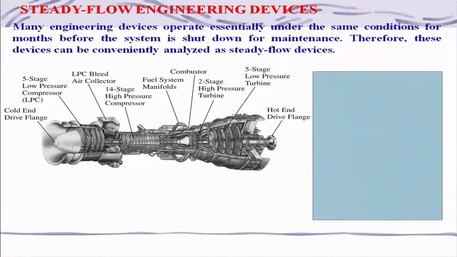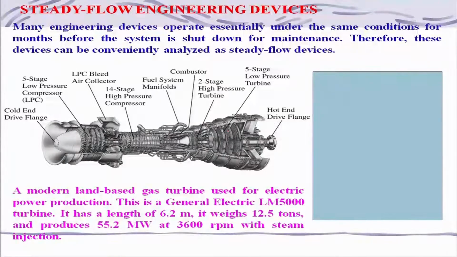This very big gas turbine engine can give you power of 55.2 megawatt, and it rotates at 36,000 RPM, with steam injection of course. Its length is 6.2 meter, it is very huge, and its weight is 12.5 ton.